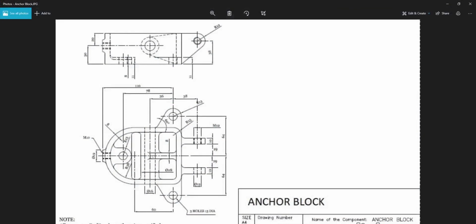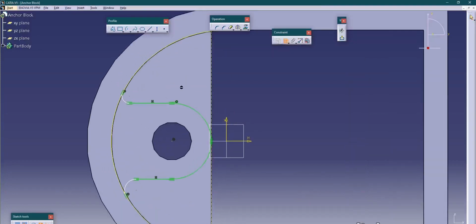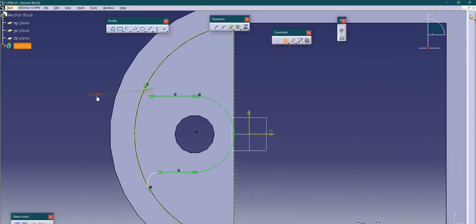So let us see this radius. Now this radius is not mentioned in the drawing. So let us assume it 2 for both sides.